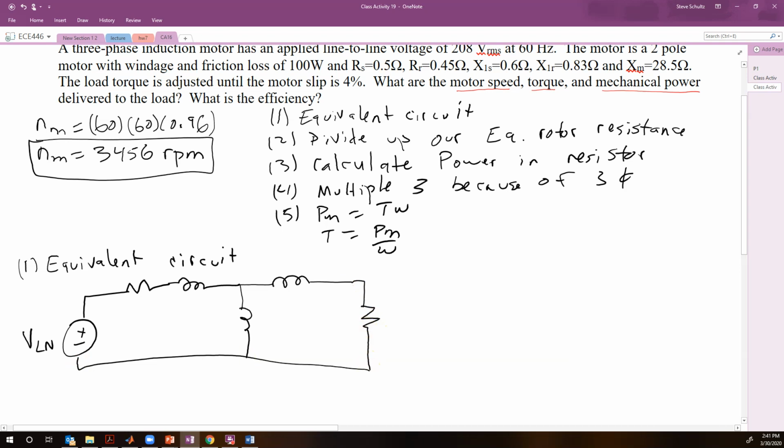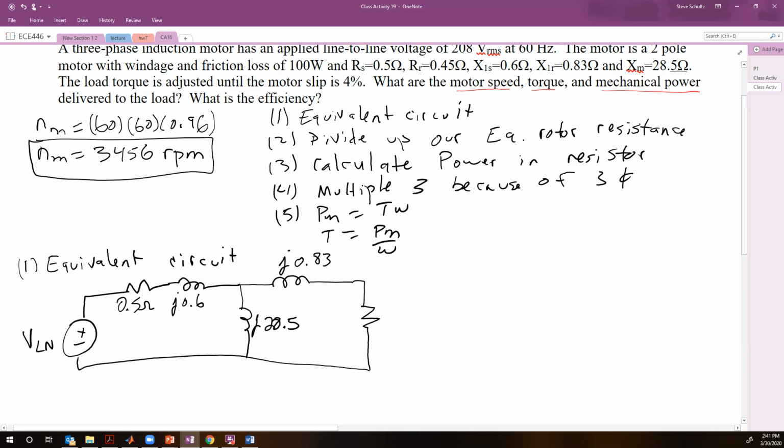Okay, so let's start with our stator resistance, which is 0.5 ohms. Our stator leakage inductance is 0.6. Our magnetizing inductance is equal to 28.5. And then our rotor leakage inductance is 0.83.